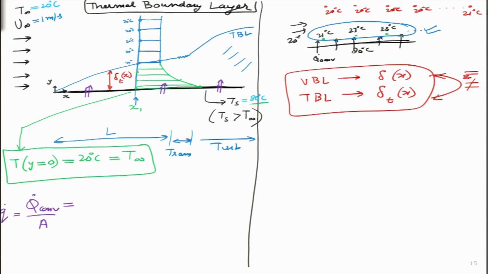So small q dot I will write. If you remember, heat flux is the rate of heat transfer divided by area, and because of the definition of convection, I can always write this as simply h into Ts minus T infinity. Because I know that here Ts is greater than T infinity, I will get a positive number. Y direction I know is positive, so I get a positive number over there.